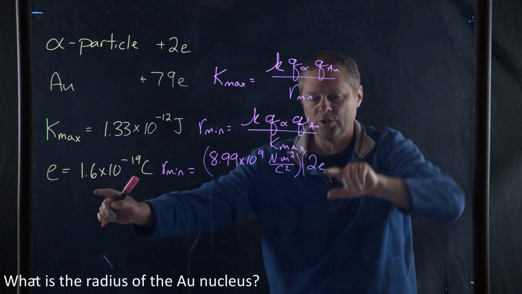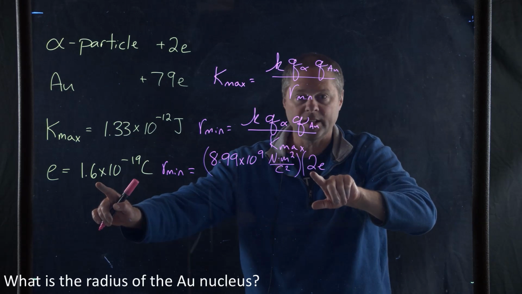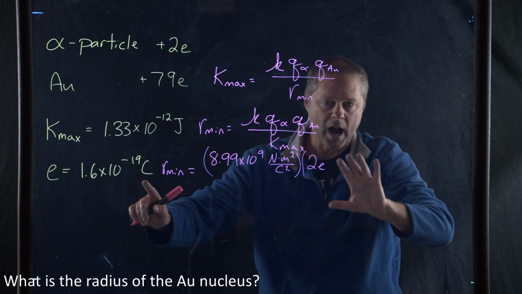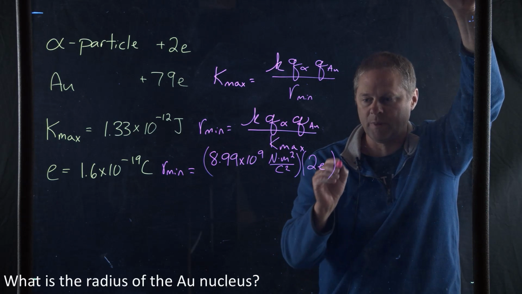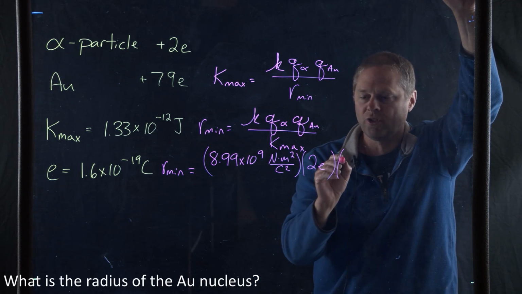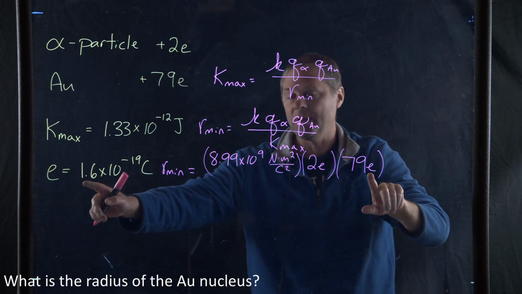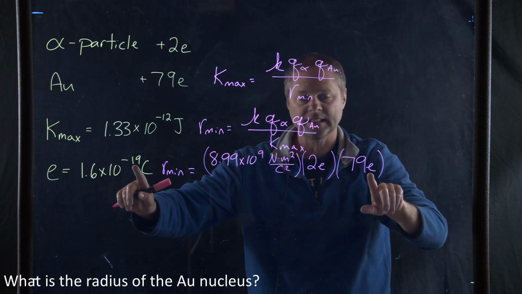Now realize that when you do the calculation, you want to take 2 times 1.6 times 10 to the minus 19 coulombs. I'm not writing it out because I'm running out of space. Times the charge of the gold, which is 79e. Once again, e is going to be 1.6 times 10 to the minus 19th.